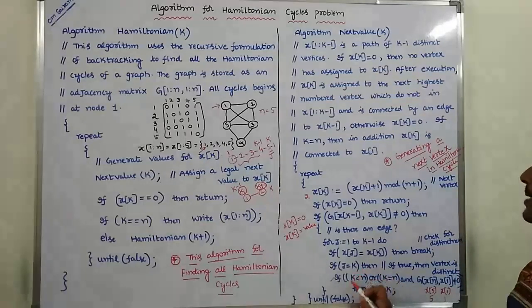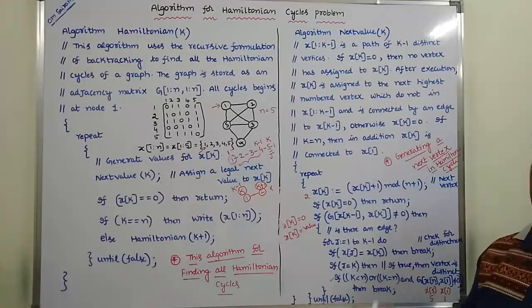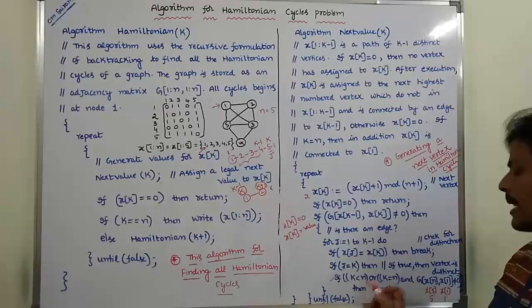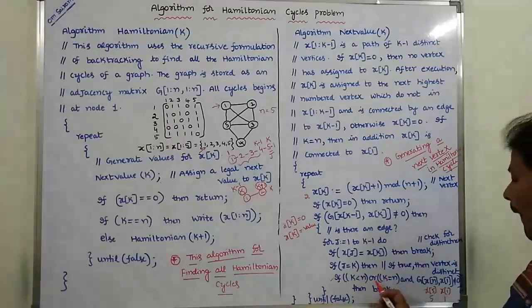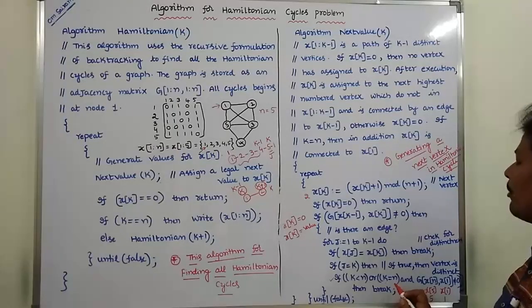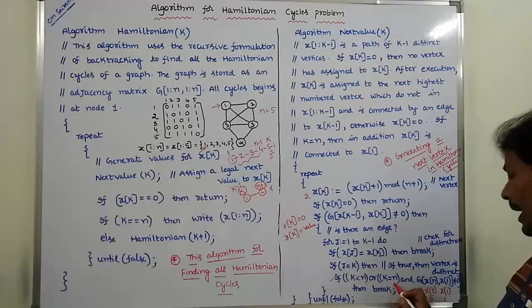K less than n means, suppose the k value is incremented 1 by 1. So k less than n, the k value is less than the n value 5, or k is equal to n. The k value is 5 and the n value is 5.